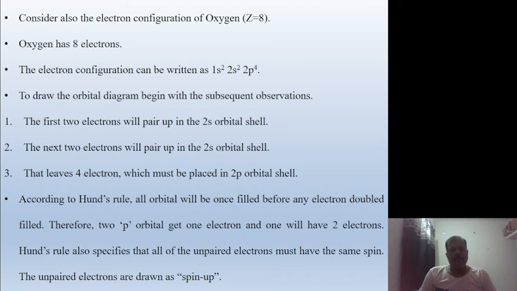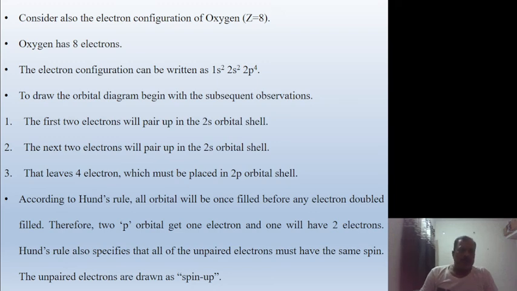Consider also the electron configuration of oxygen. The atomic number is 8. Oxygen has 8 electrons. The electron configuration can be written as 1s2, 2s2, 2p4. We have already discussed how many electrons fill the s orbitals, p orbitals, d orbitals and f orbitals. To draw the orbital diagram, begin with the following observations.